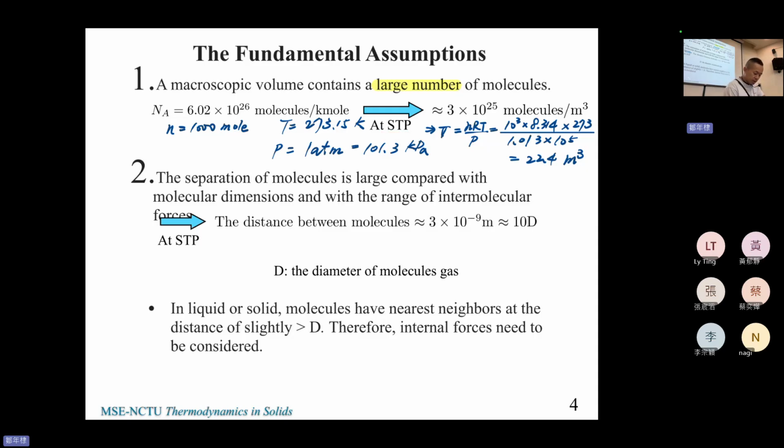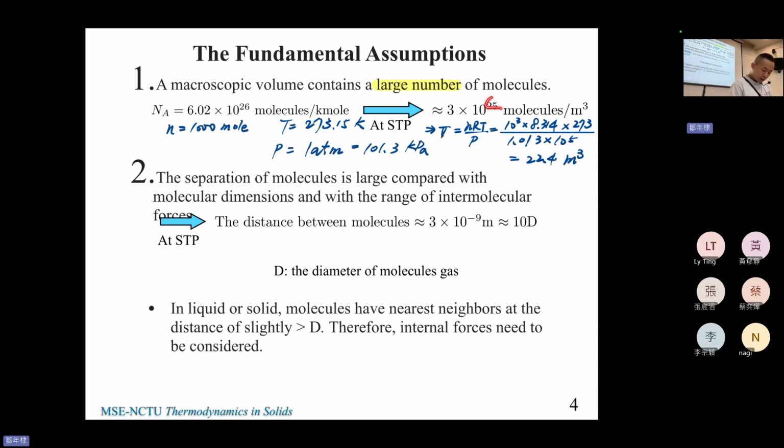Standard temperature and pressure. You get the volume as 22.4 m³. In this volume, you have so many molecules: approximately 3 times 10 to the 25 molecules per cubic meter. This is really, really big, right?